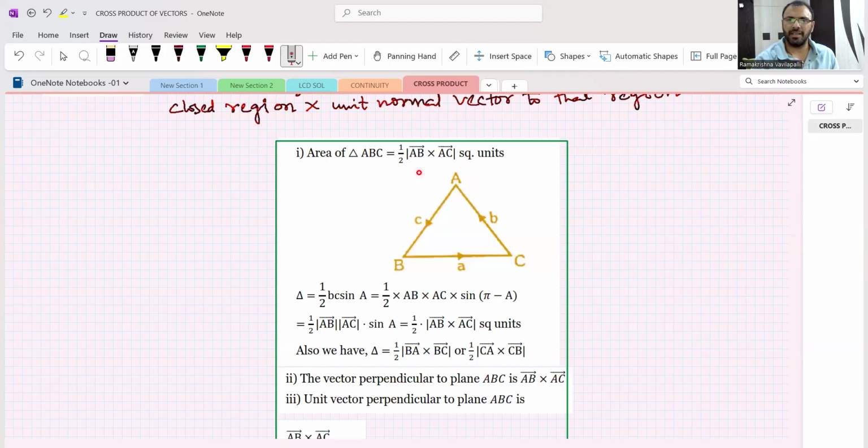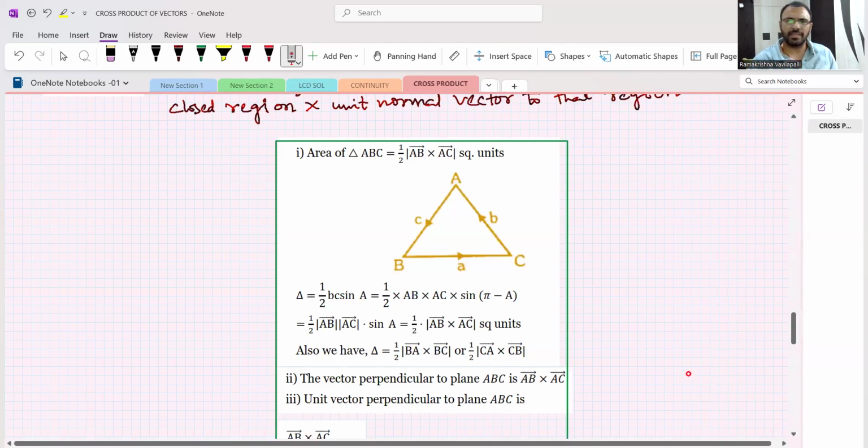Or if you want to begin with B, BA bar cross BC bar. The proof is quite simple. I don't want to explain here. You just have a look at the proof. If you know little properties of triangle, then easily you can understand. This is not the purpose of giving all proofs.